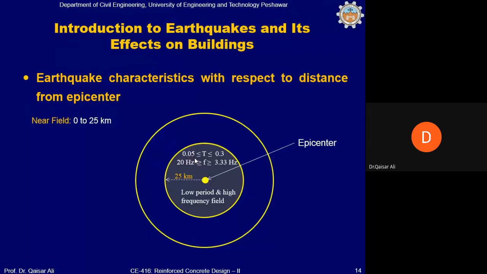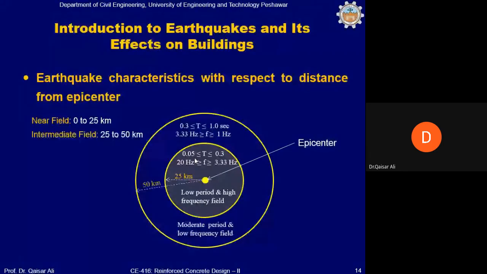Okay, so in the range from 25 to 50 kilometers, there is another zone, and within that zone, the duration of the earthquake is shorter as compared to the near field zone, the frequency is lower, and the amplitude is also smaller.